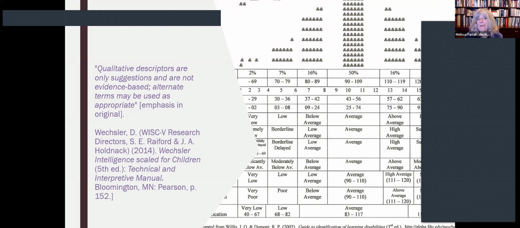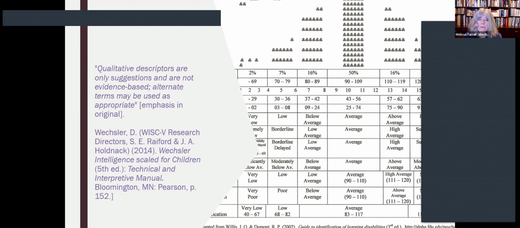Qualitative descriptors are only suggestions and they're not evidence-based, and you can use alternate terms as appropriate. And this comes from a chart my mentor, John Willis, who loved to append charts to reports. He had charts for everything, including the labeling systems for the different tests that he used in the evaluation.